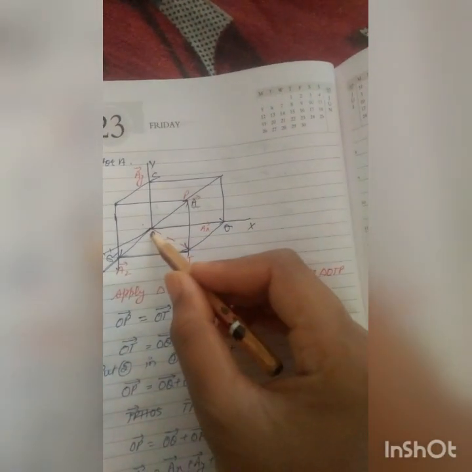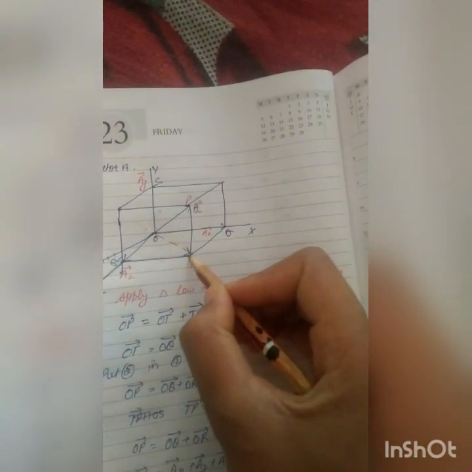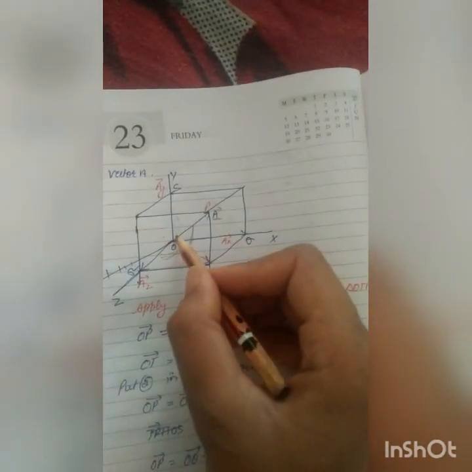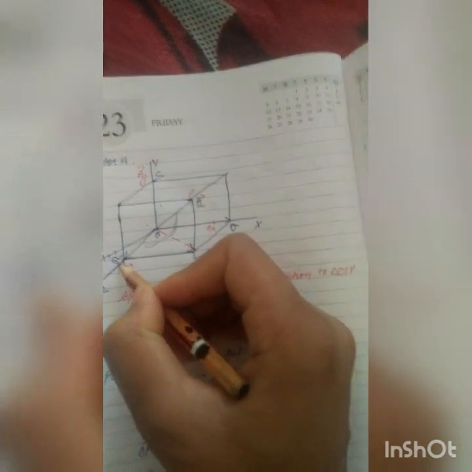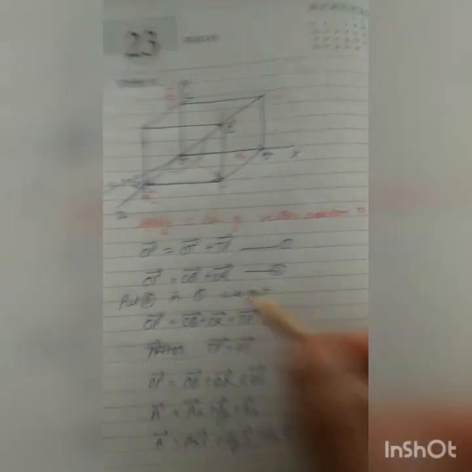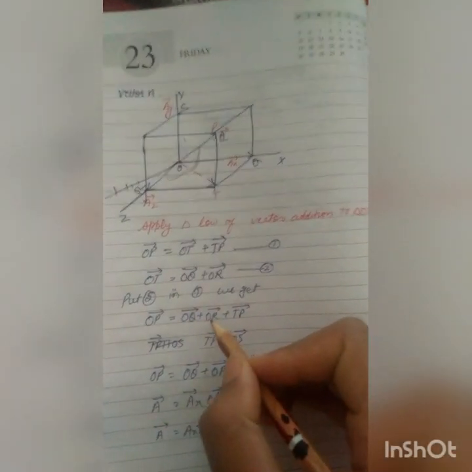OT vector can be represented as the resultant of the OQ vector and OR vector. So we write in place of OT, OQ plus OR.